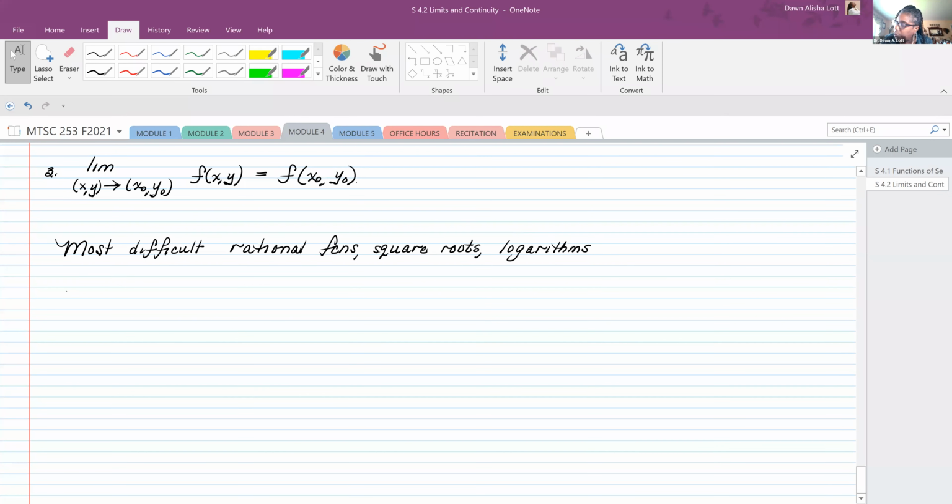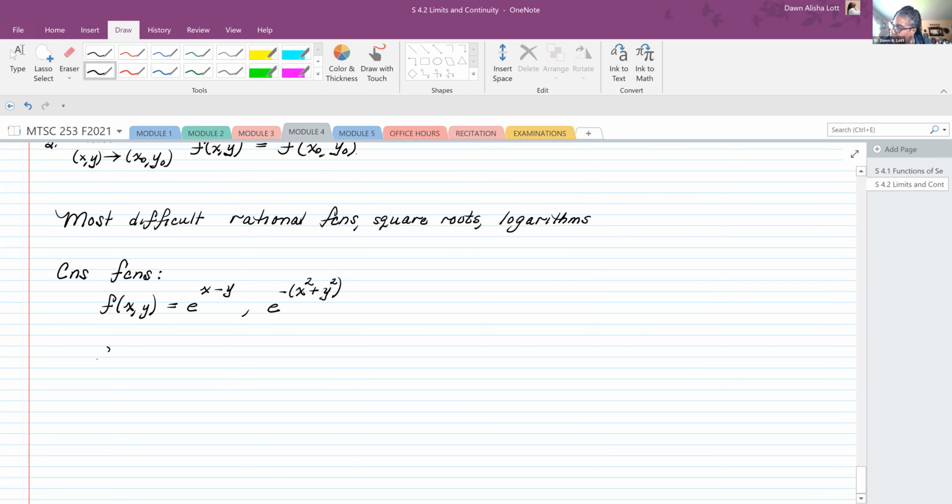So, for example, these are continuous functions. F of x, y equal to e to the x minus y, e to the negative x squared plus y squared, pretty much anything like that.